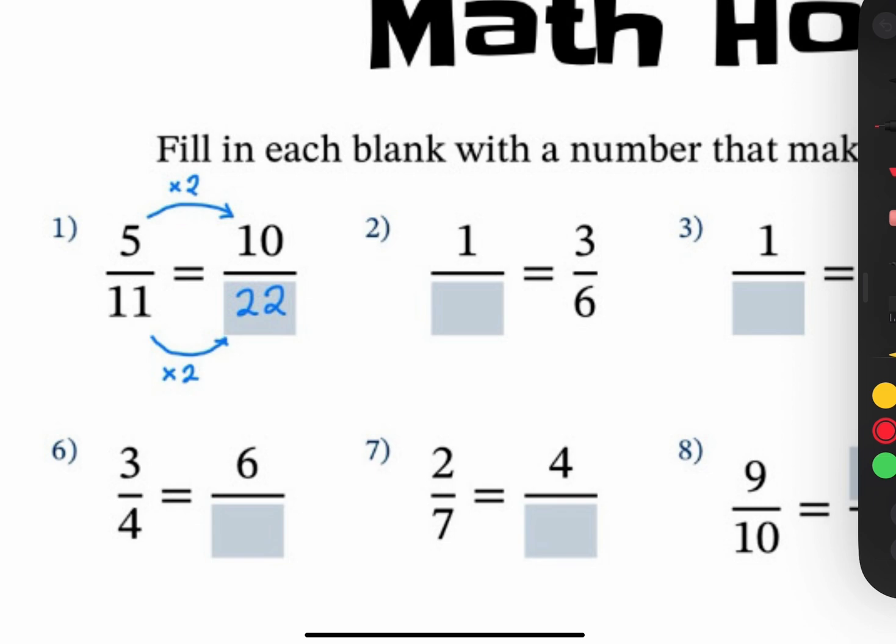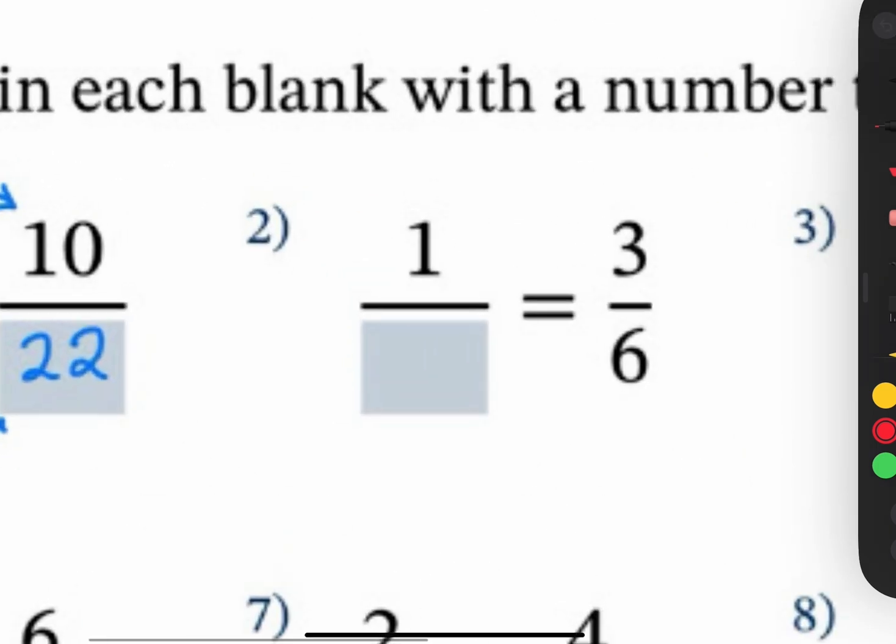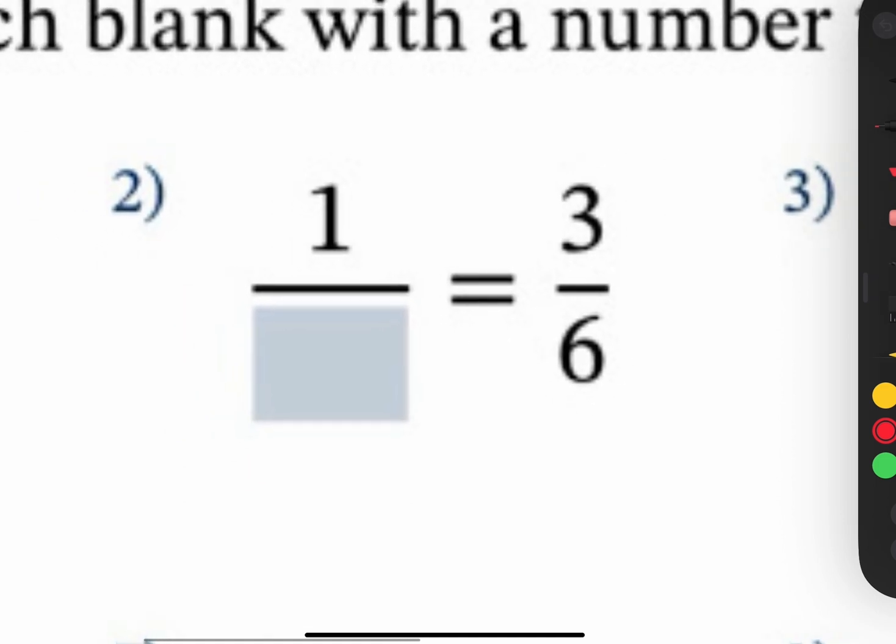So for number 1, we saw that our denominator was the one missing. This time it's our denominator in the first fraction. So instead of multiplying like we did over here, we're going to be dividing because it's going in the opposite direction and our number is getting smaller.